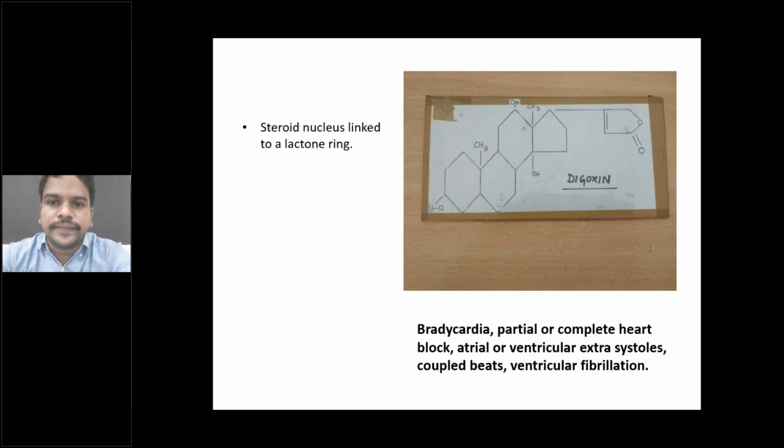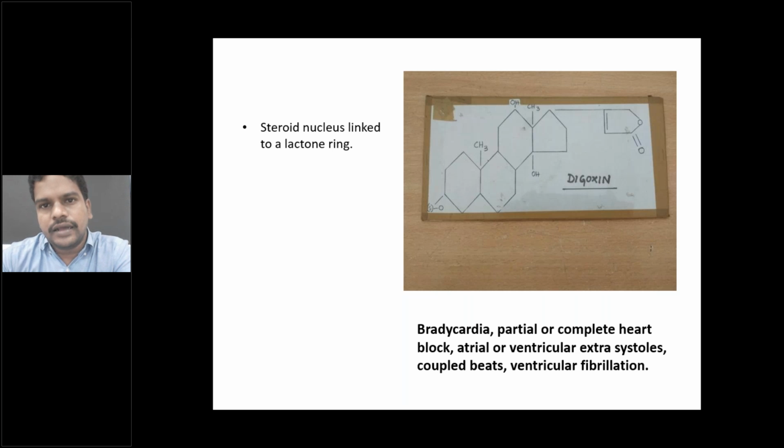Then coming to the digoxin. It is a steroid nucleus linked to a lactone ring. That was the chemical structure of the digoxin.